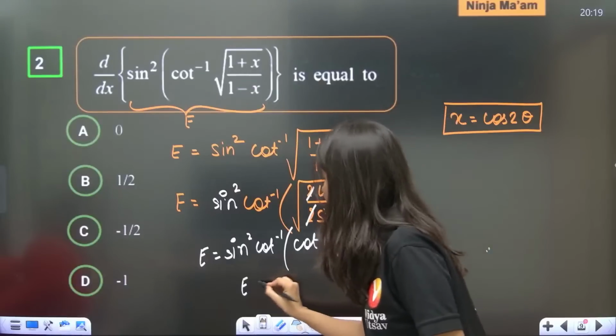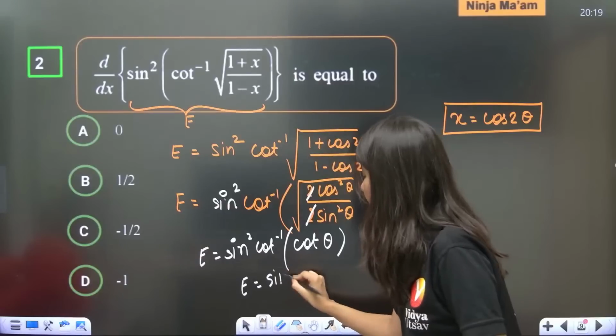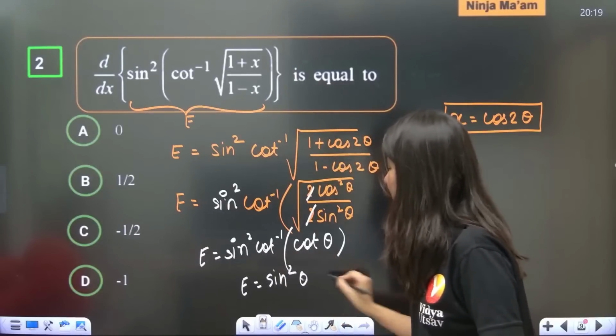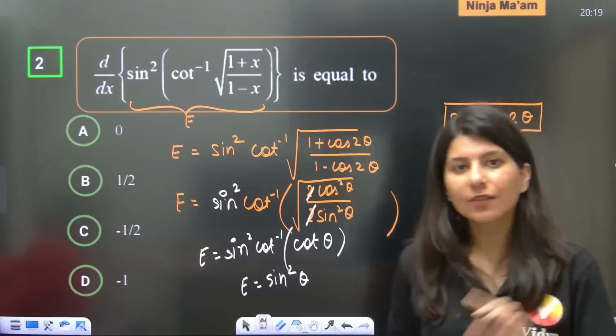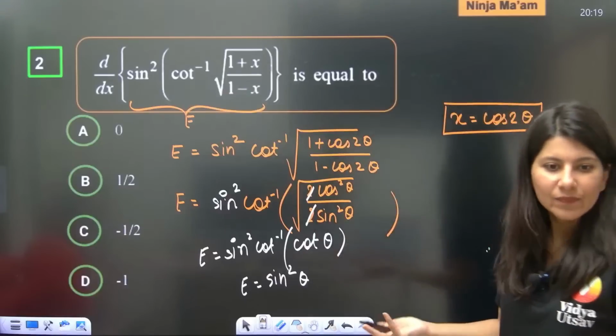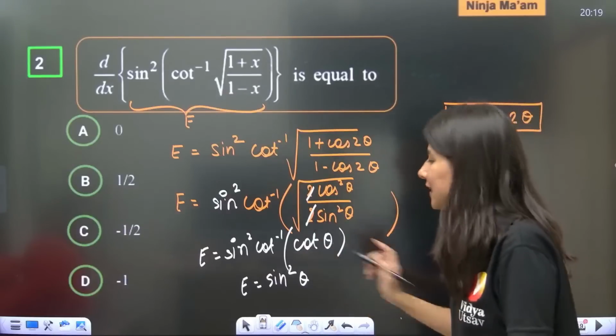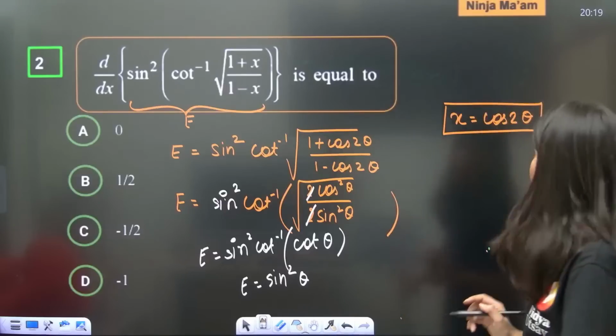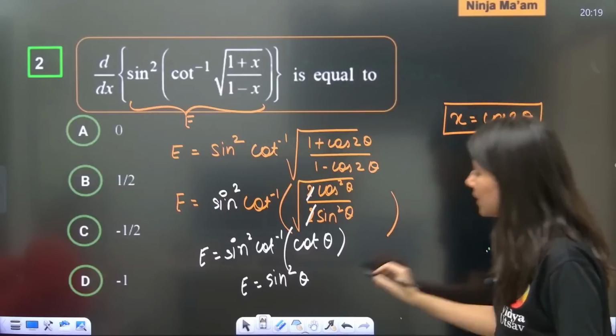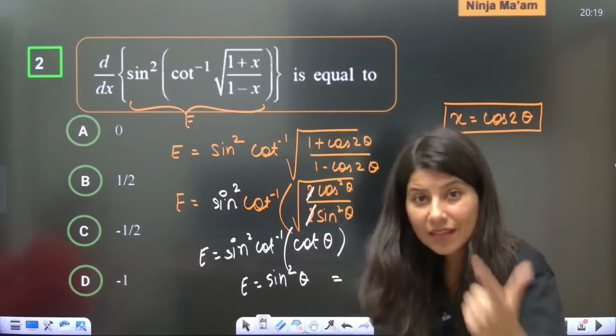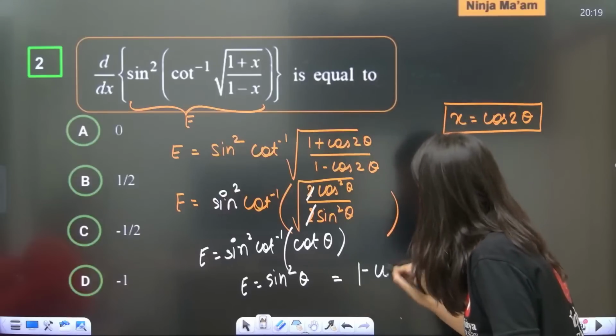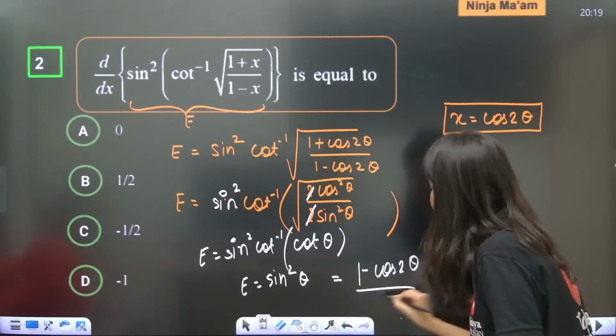So E will be sine square. Cot inverse cot theta is just theta. Are you getting it? So E is equal to sine square theta. Now, since x is cos 2 theta, you have a formula: sine square theta is 1 minus cos 2 theta by 2.